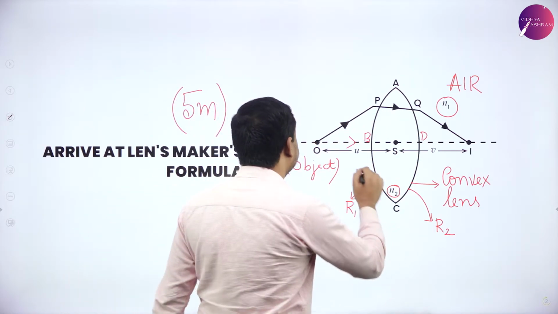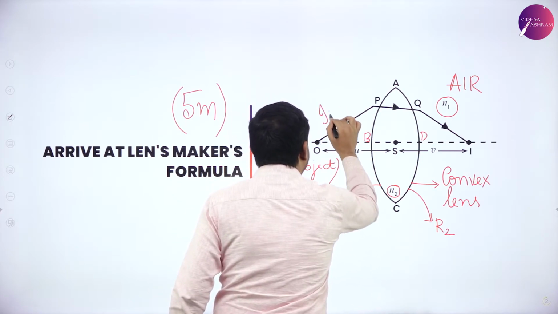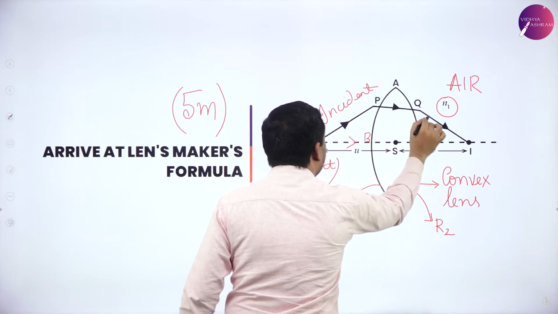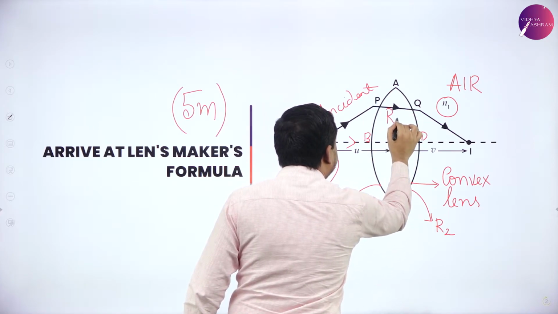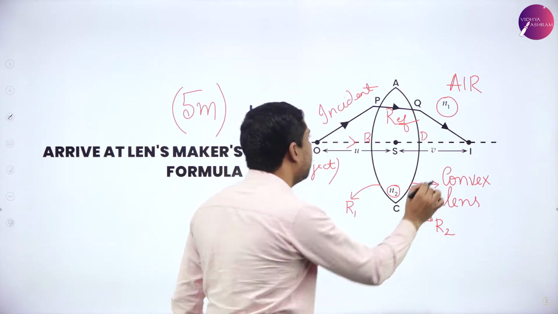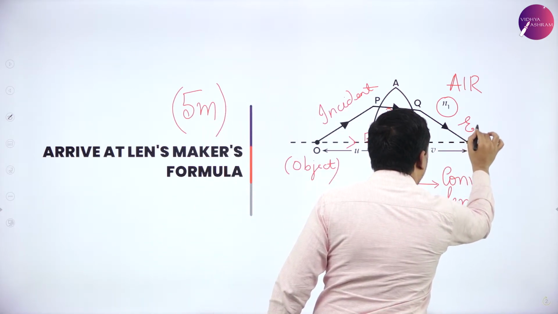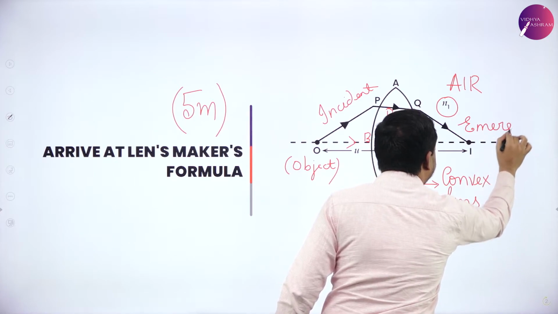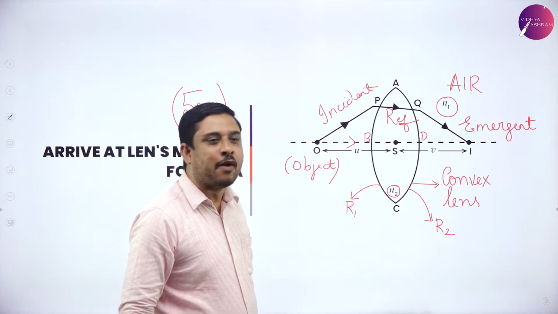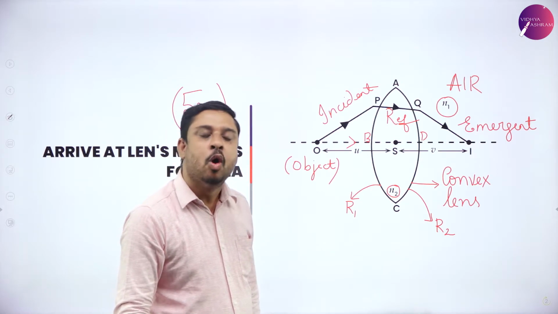OP is the incident ray, PQ is the refracted ray, and QI is the emergent ray.